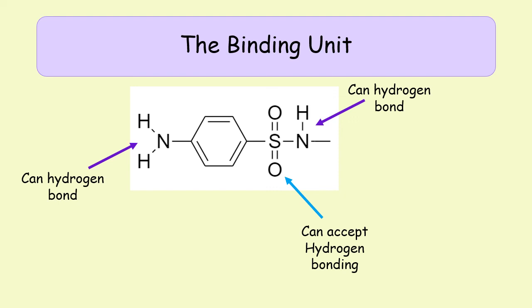So if something on the active site has an NH or an OH group, that hydrogen can interact with those oxygens. The benzene ring only contains carbon and hydrogen, so it is very non-polar. So we've got a whole middle region where we need to be able to make London dispersion forces.